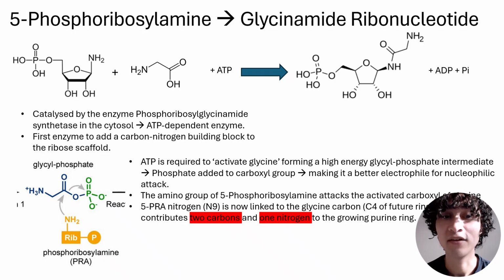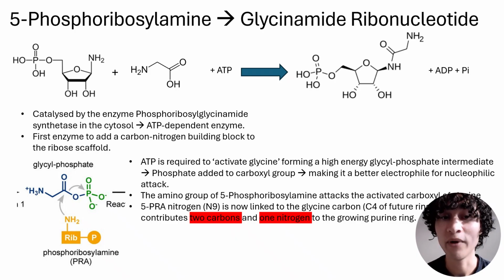Okay, and the nucleophilic attack is coming from that amine group, because our amine is acting as our nucleophile in this case. So once we form our high energy glycyl phosphate intermediate, so that phosphate is attached to that carboxylic group, that amine group on the 5-phosphoribosylamine is going to attack that phosphorylated carboxylic group, and the phosphate is going to leave as inorganic phosphate, and you're going to get your glycinamide ribonucleotide.